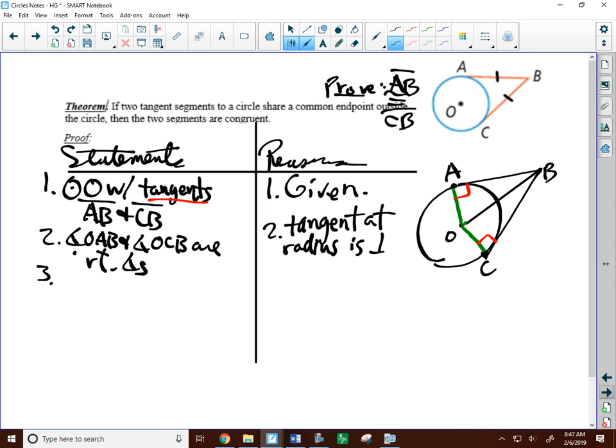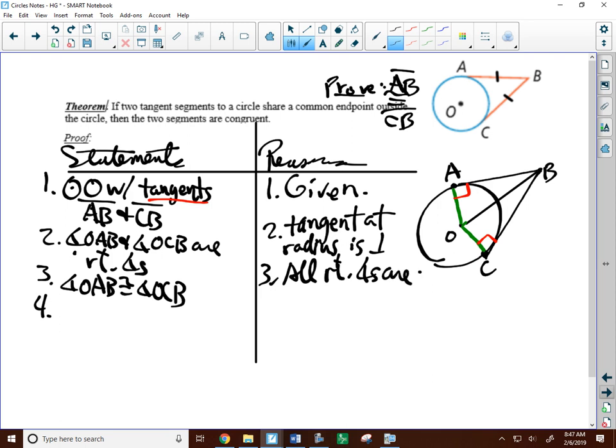It's kind of a two-step thing. So first the right angles, and then angle OAB is congruent to angle OCB, because all right angles are congruent. One pair of angles congruent. That's really all the angles we're going to need. Do we see some other sides congruent? These are both radii.